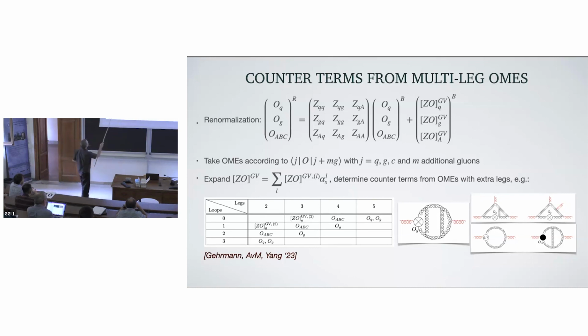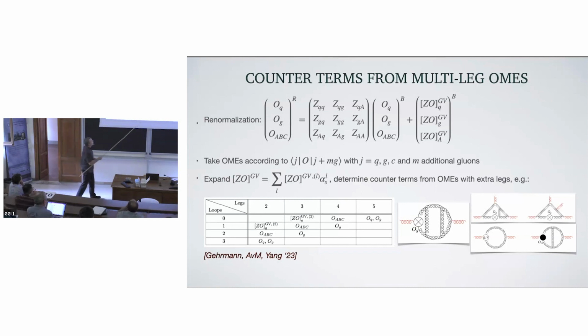So this is the generalized renormalization. You see you have admixtures from these gauge variant operators. And we don't care in our setup what they really are. We just look at what their effect is on higher multi-leg amplitudes with additional off-shell partons.